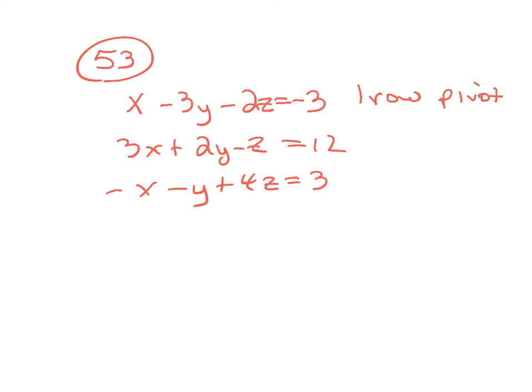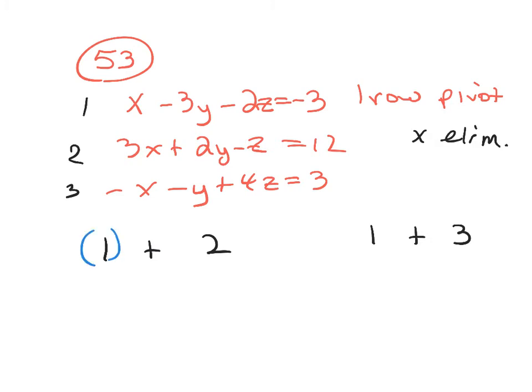So again, I can label them 1, 2, 3, and I am going to eliminate x. All right, so I need to add 1 and 2 and 1 and 3. Now, when I go to add 1 and 2, I need to multiply row 1 by -3 in order to get the x to eliminate.